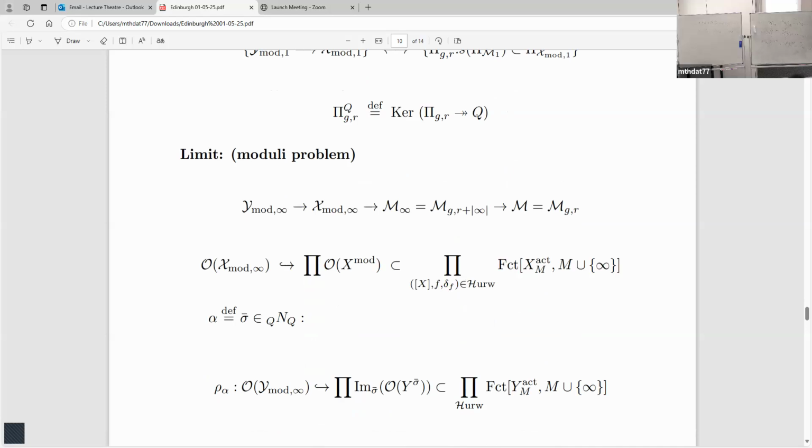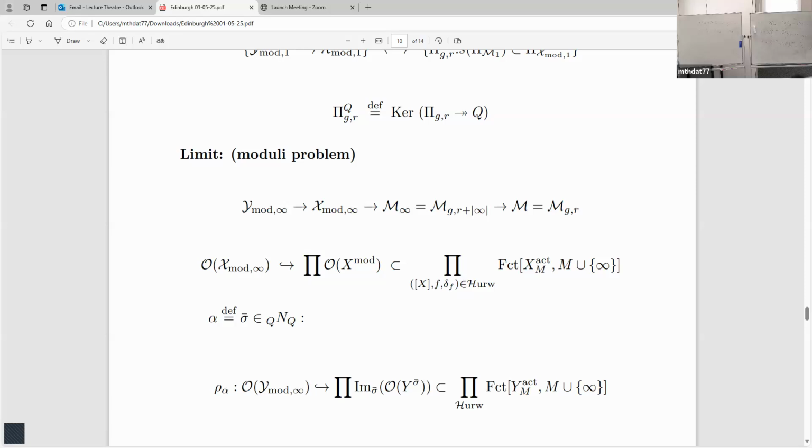So we want to use it in the following way. So first of all, we shrink X mod infinity, so we can assume that it is affine. So we're just working with a ring of functions. So we let the Hurwitz datum vary. So we consider this huge product of function spaces, which are labeled by the various Hurwitz data. And then by the moduli interpretation here, we can map this ring of functions inside this infinite product of function spaces.